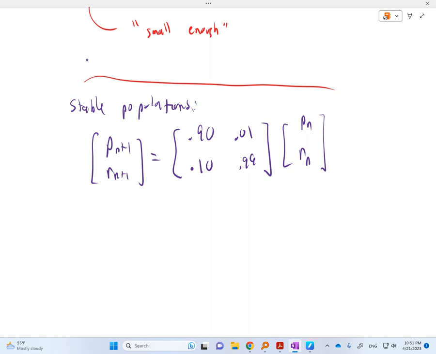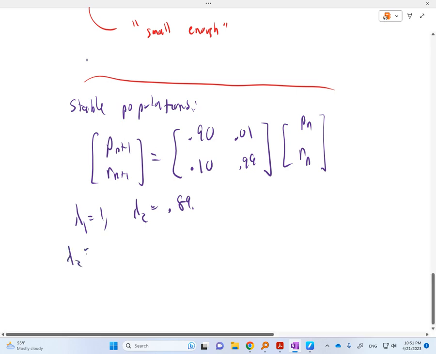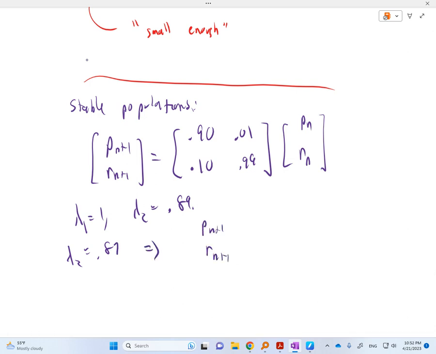Now, we have two eigenvalues: lambda_1 is equal to 1, and lambda_2 is, I think, 0.89. So what does 0.89 mean? It implies that P_{n+1}, R_{n+1} is equal to T times P_n, R_n.